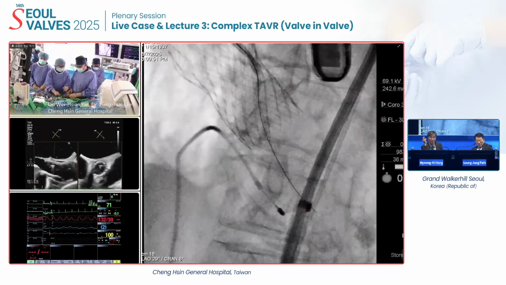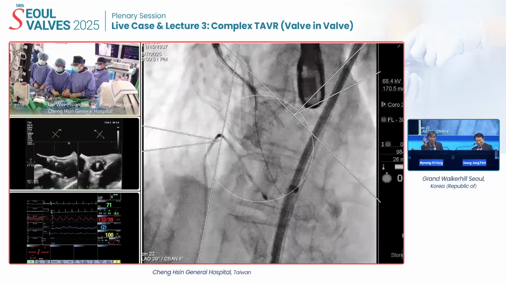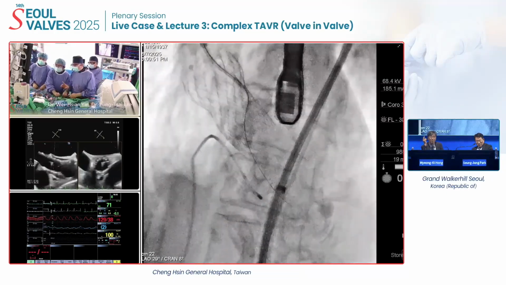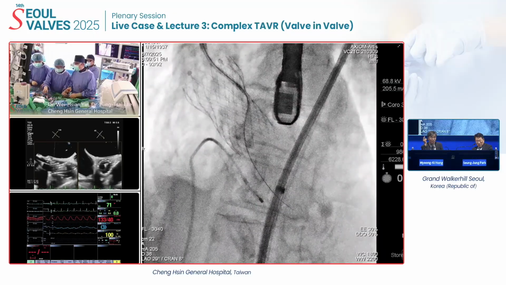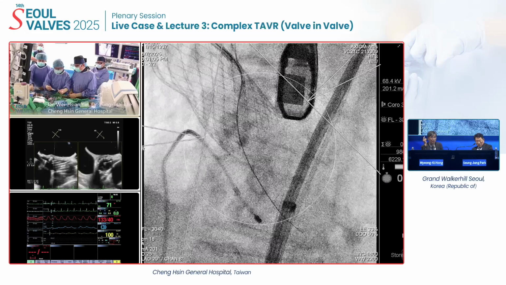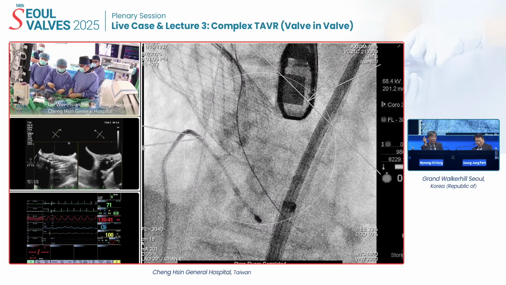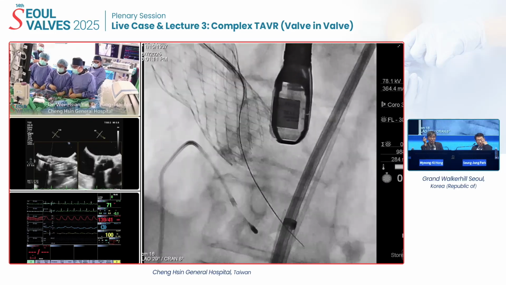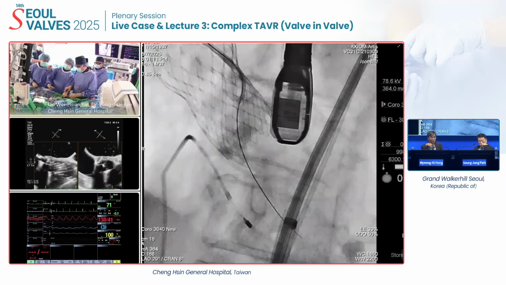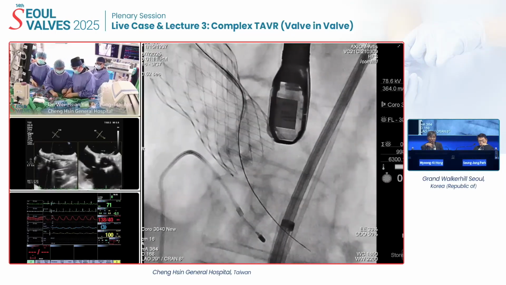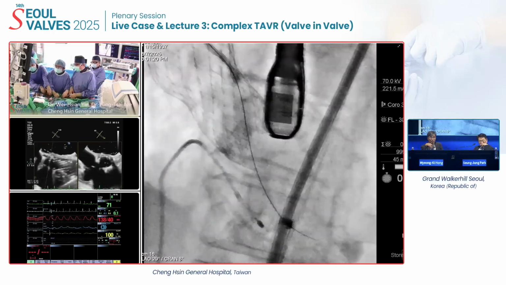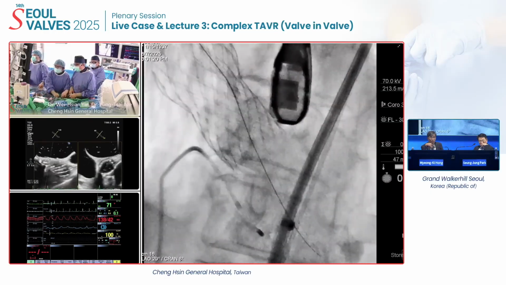Before doing that, you must choose a projection that can show the left coronary cusp. In this patient, because the Evolut system has a narrow waist, you have to choose a guide to direct to the LCC.